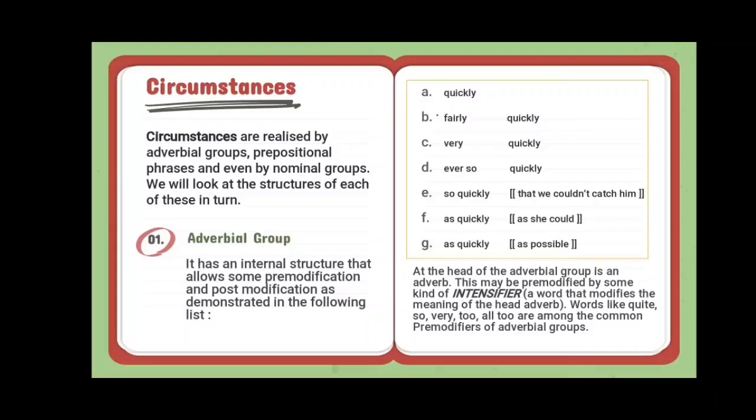At the head of the adverbial group is an adverb. This may be pre-modified by some kind of intensifier, or a word that modifies the meaning of the head adverb. Words like quite, so, very, too, all are among the common pre-modifiers of adverbial groups.